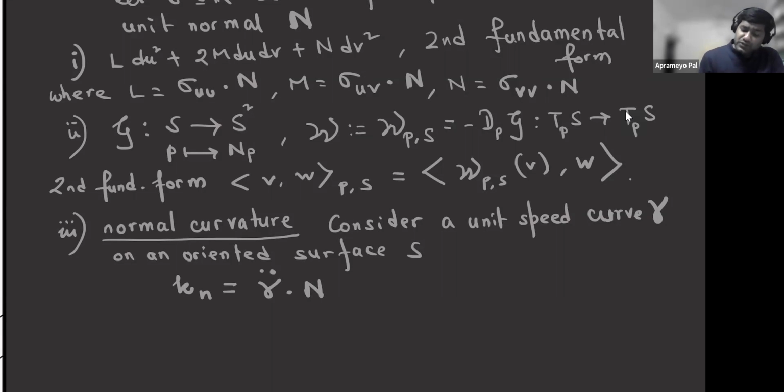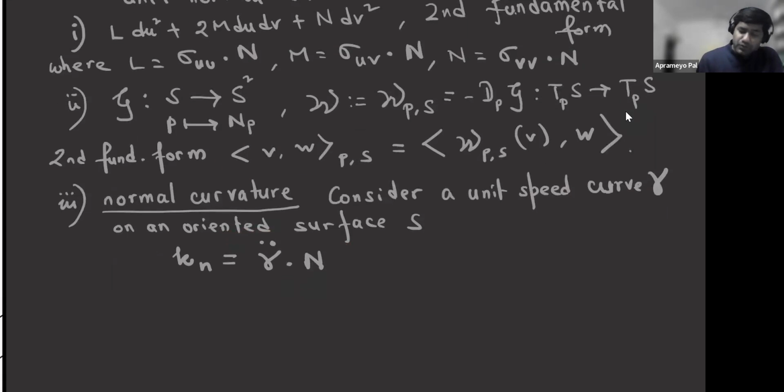Finally we saw that this definition also gives the same bilinear form as this one. So essentially all these three are equivalent, and all three contain the same amount of information for a given surface.